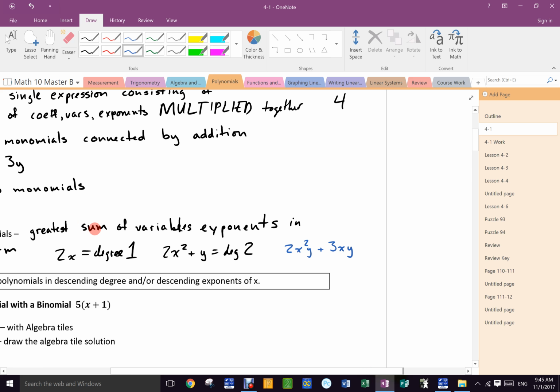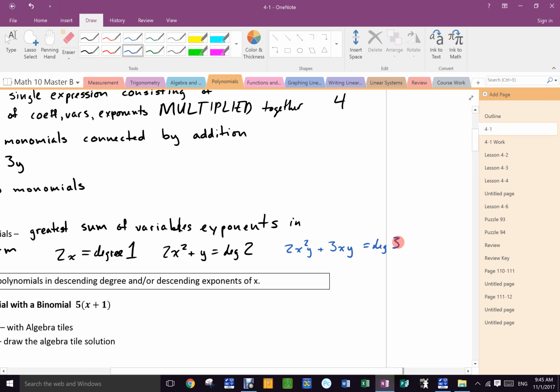Greatest sum of variables. What do I do with their exponents? Add them. So what's this guy? 2 and what's this guy? 1 and 1. So this guy has 3, right? Is that the greatest number? So this guy is a degree 3 polynomial.